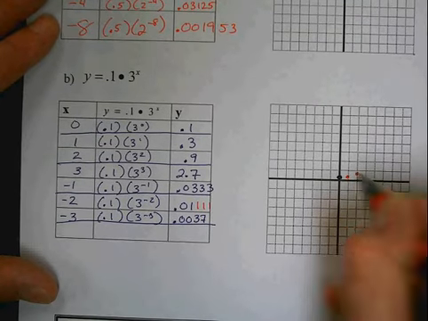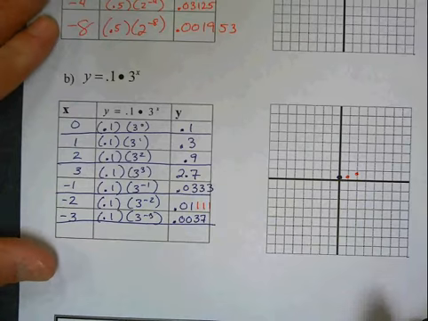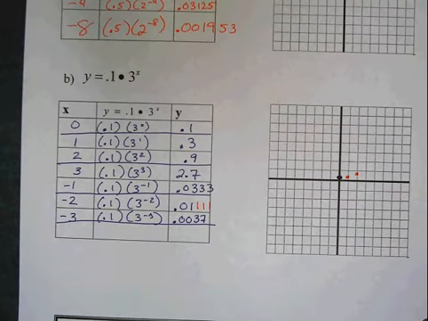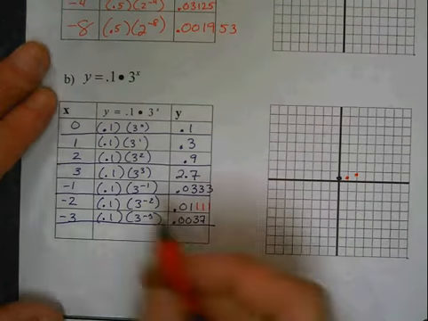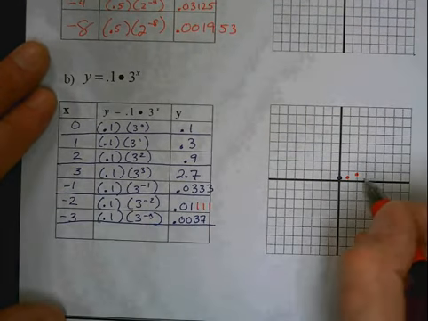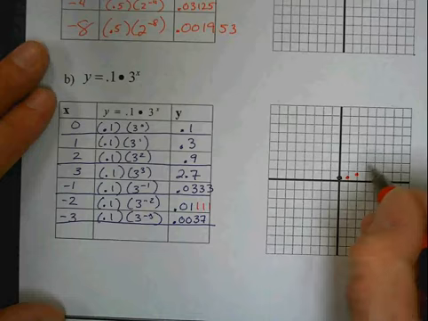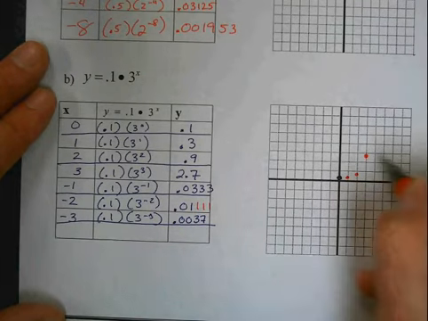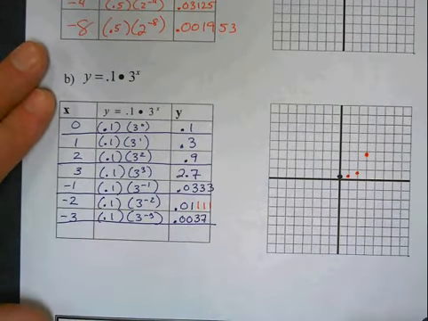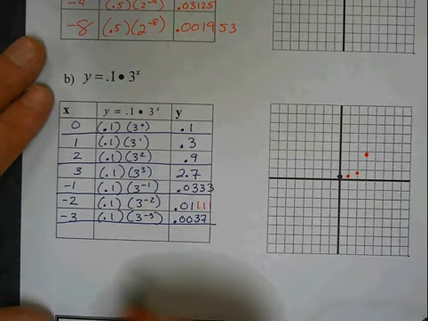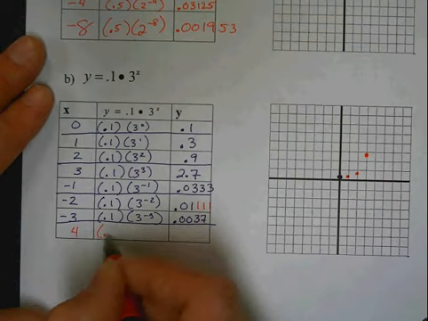I'm still not above 1. But do you see a curve? Even right there, do you see a curve? Okay? 2, comma, 0.9. 3, comma, 2.7. Do you think we can squeak a 4 in this one? Let's try.